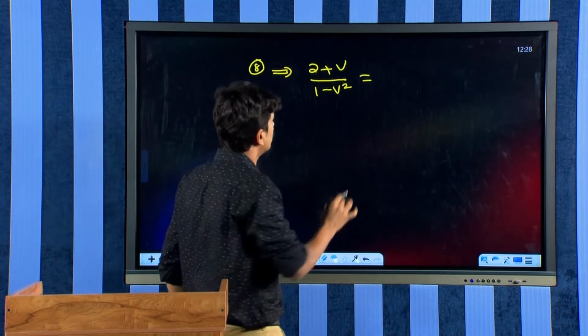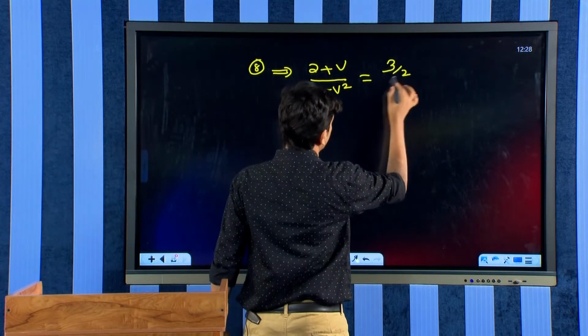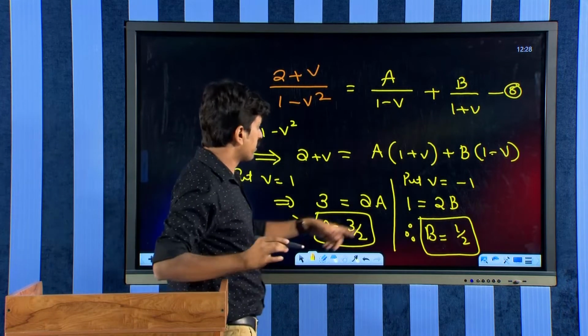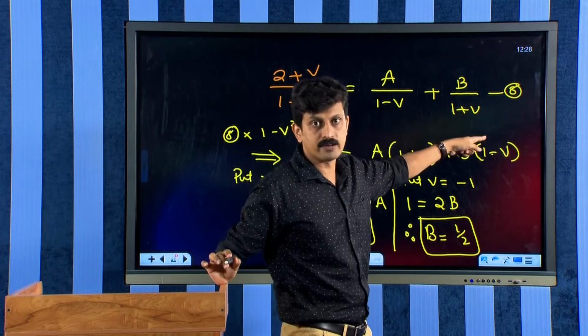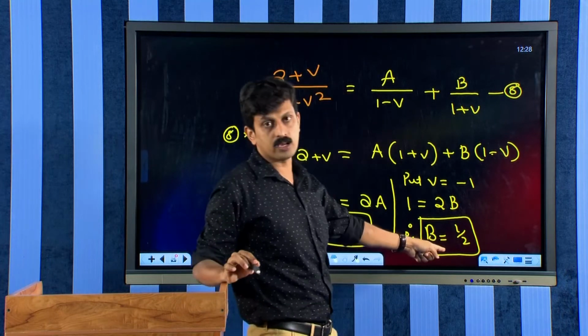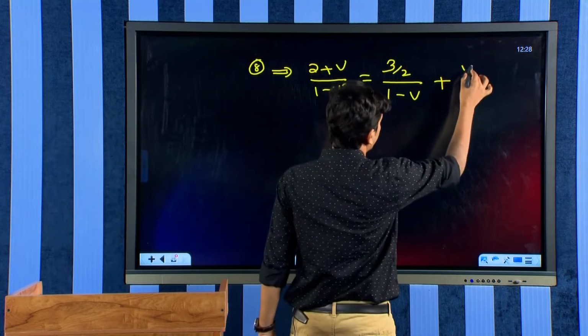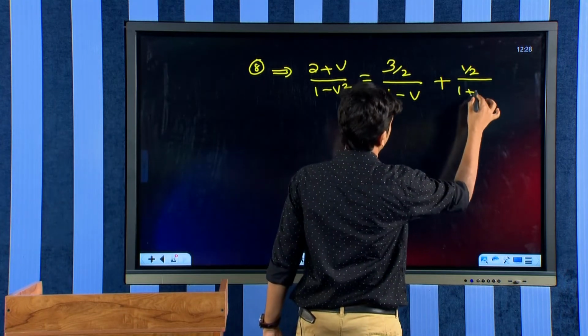Therefore, this is equal to 3 by 2 divided by 1 minus v, plus b divided by 1 plus v. Instead of b, we write 1 by 2. Therefore, plus 1 by 2 divided by 1 plus v.